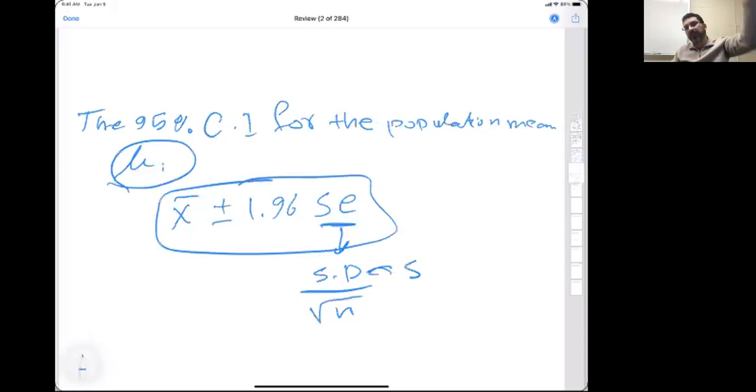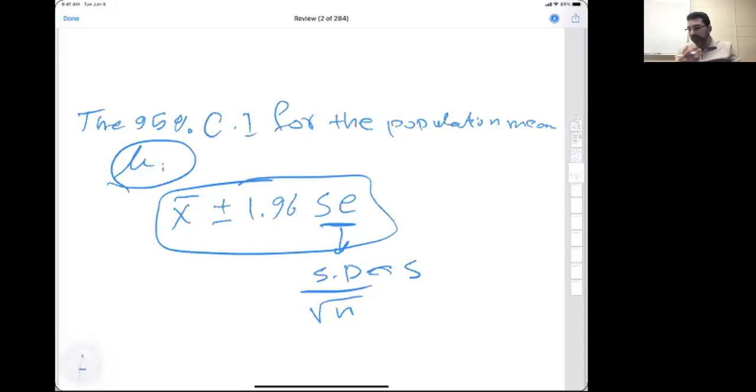So the population mean now has an interval. This interval has a lower limit and an upper limit, and the population mean should be within this range. Maybe or maybe not. If you remember, we said that maybe or maybe not.